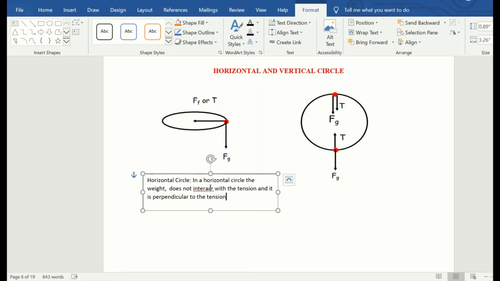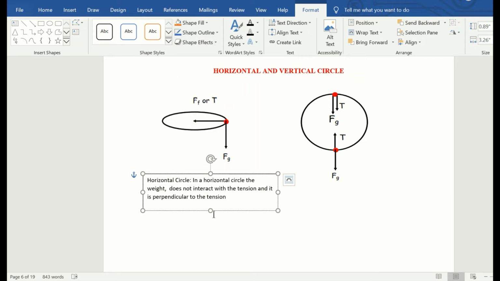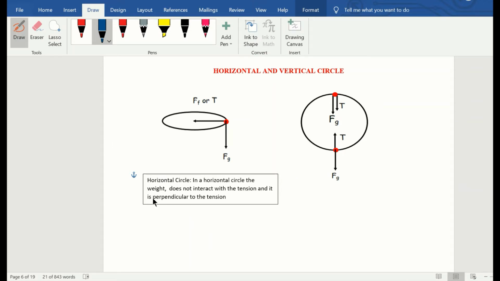With this said, we can find the net force in a horizontal circle. We can therefore say that the net force is equal to the tension, or the force acting towards the center, which we call Fc, the centripetal force, which is equal to mv squared over r.